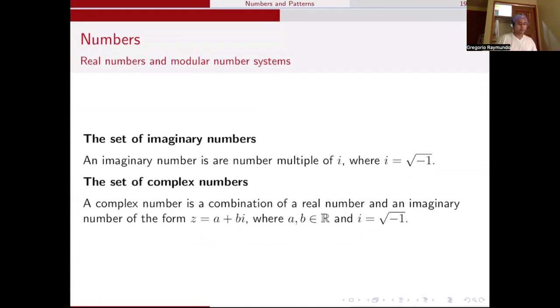An imaginary number is a number multiple of i, where i is equal to the square root of negative 1. And finally, the set of complex numbers. A complex number is a combination of a real number and an imaginary number of the form z equal to a plus bi, where a and b are real numbers and i is equal to the square root of negative 1.